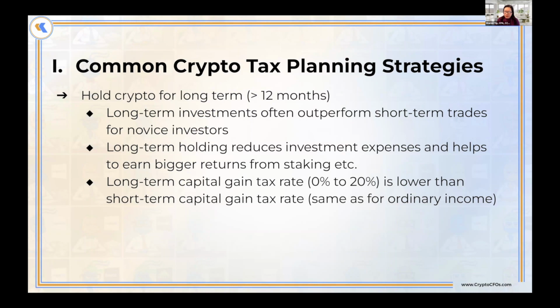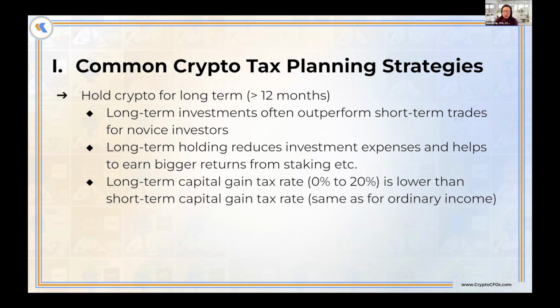All right. Number 1, holding long-term, hold crypto asset for long-term. What does that mean? So holding an investment asset, including crypto, for over 12 months, which is considered long-term, has several advantages.